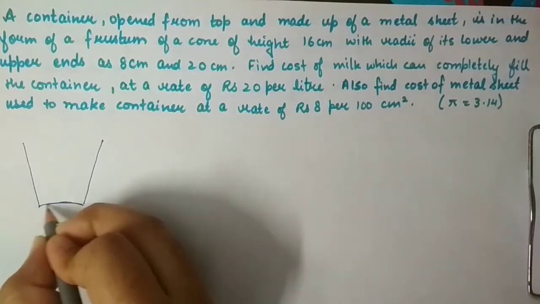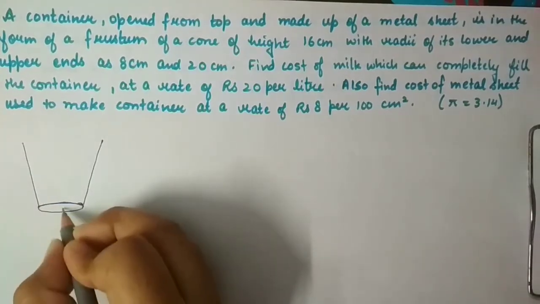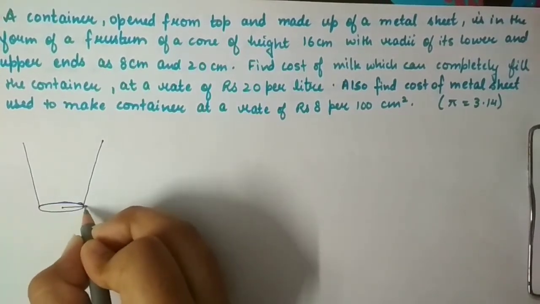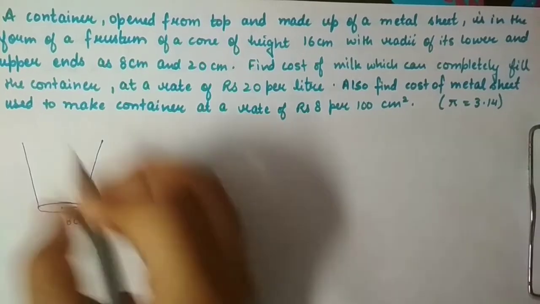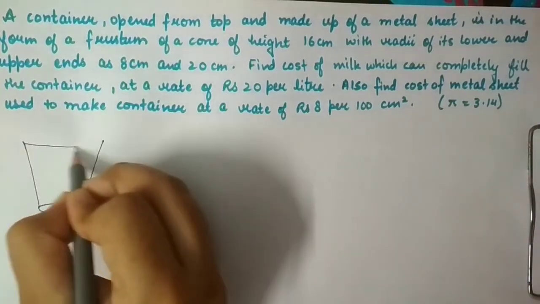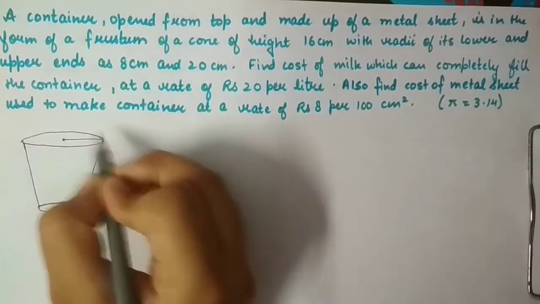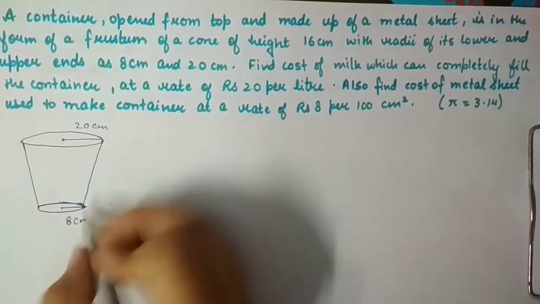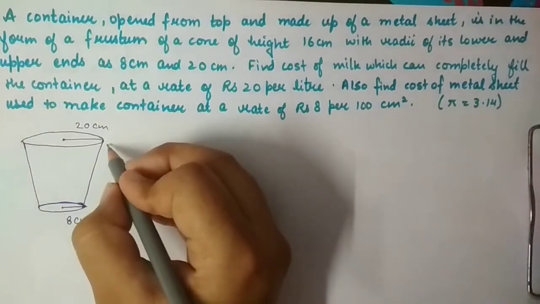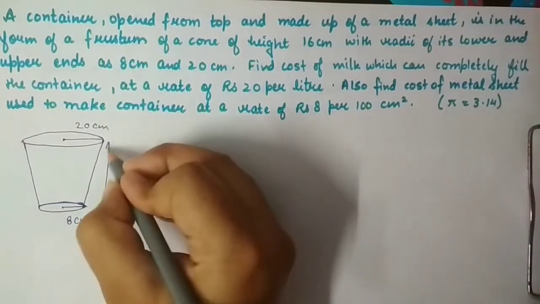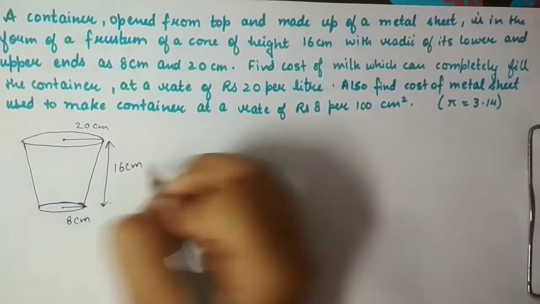And what is given? The radius of the lower end is 8 centimeter and the radius of the upper end is given to be 20 centimeters. And the height is given to be 16 centimeter.